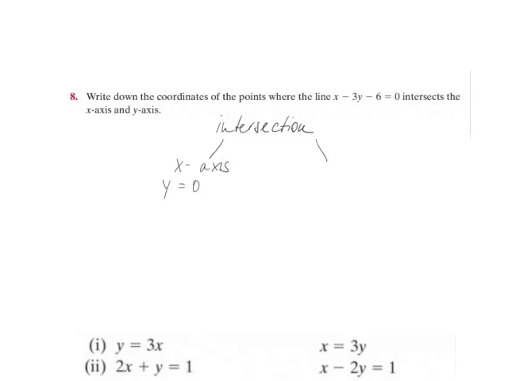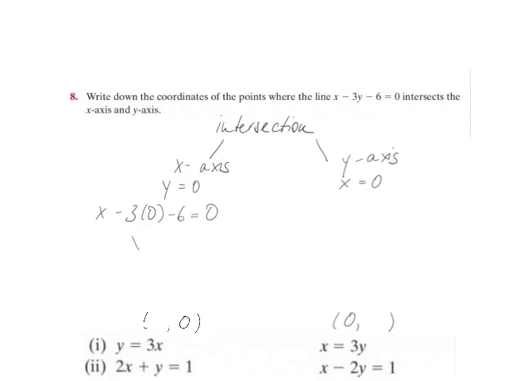And at the intersection with the y-axis, x equals 0. So we have a part of the point already then, blank comma 0, and here we would have 0 comma blank, and we just need to find the missing coordinate.